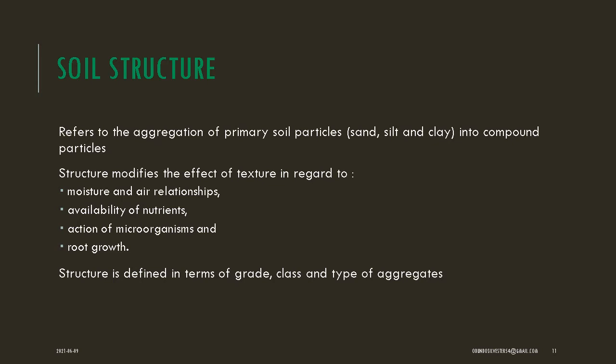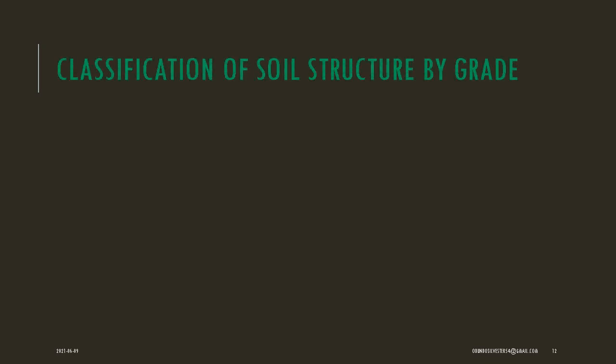Now, soil structure can be classified in different ways in terms of grade, class, and type of aggregates. So for the next slide, we want to talk about the classification of soil structure. It can be by grade, by size, or by shape.